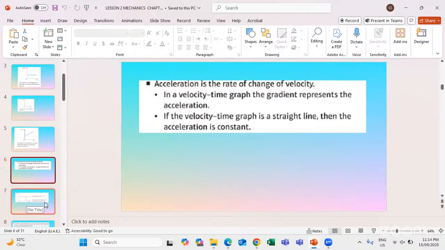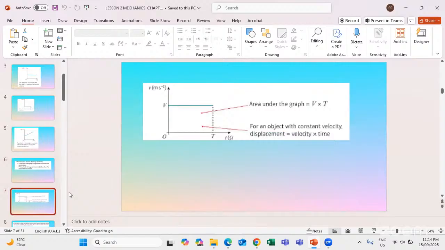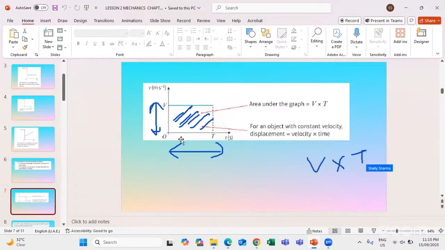Just one point more I have to discuss here. A velocity time graph is given, and here the velocity is constant, and if we find out this area, it is the area of a rectangle which has time as one side and velocity as the other. So if I multiply these two values, the area of the rectangle will give me what?